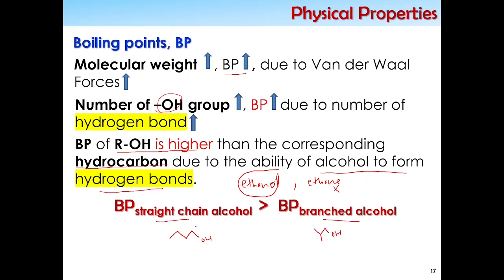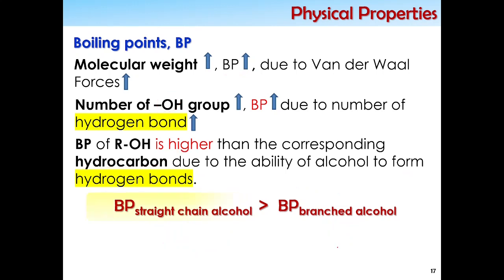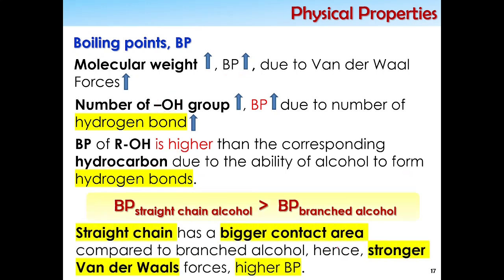The straight chain alcohol will have a higher boiling point because it has a larger surface area of contact, whereas the branched one becomes more compact and has a smaller surface area. So straight chain has a bigger contact area compared to branched alcohol, which is more compact, so there are stronger van der Waals forces for the straight chain.